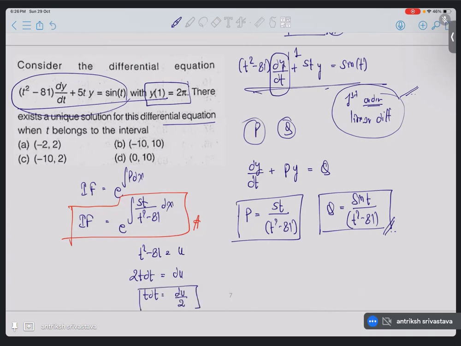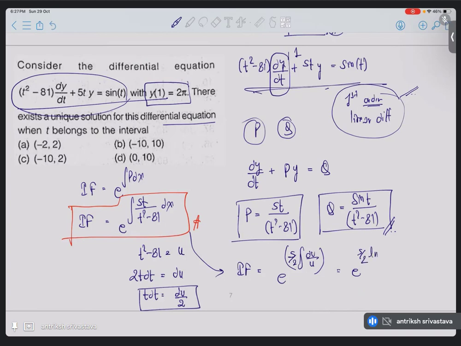So when you put that into this integration, you will see that we have exponential of 5 du/2 over u, or maybe we can take the 5/2 outside as they are constants, and we will end up with e to the power 5/2 integral du/u, which will give us e to the power 5/2 ln u.